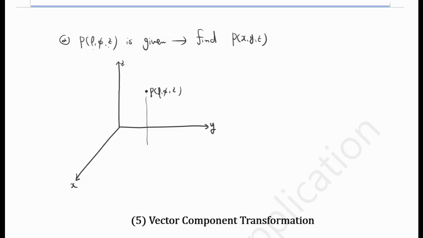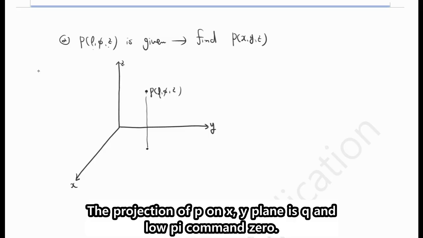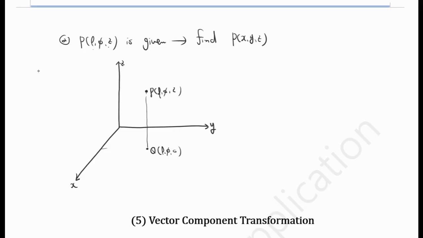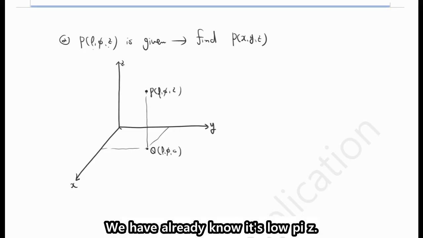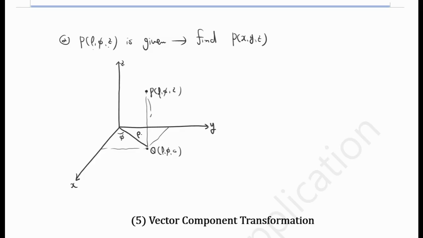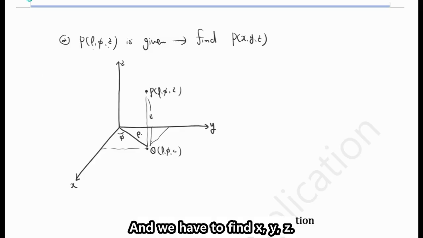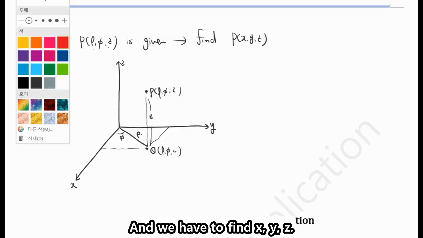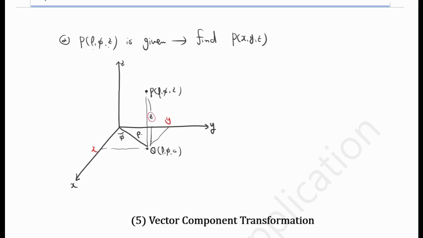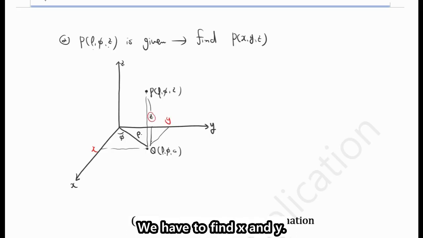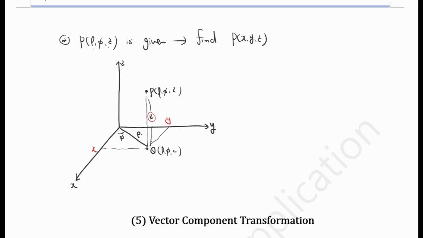The projection of P on the xy plane is Q, with coordinates rho, phi, 0. We already know rho, phi, z, and we have to find x, y, z. z is the same, so we have to find x and y.